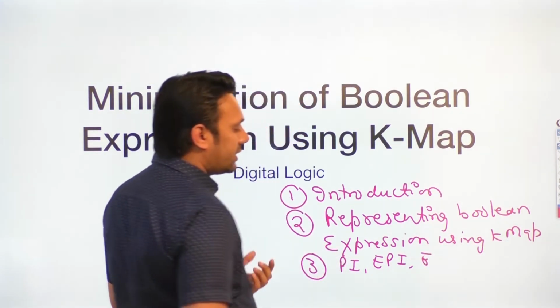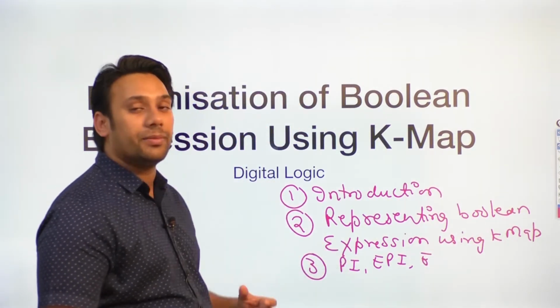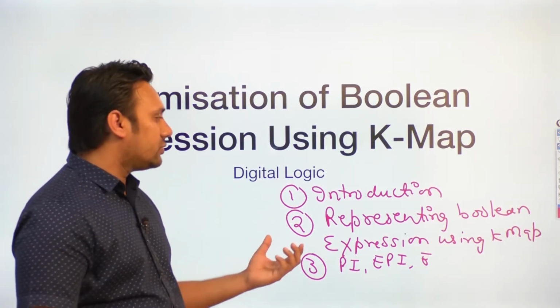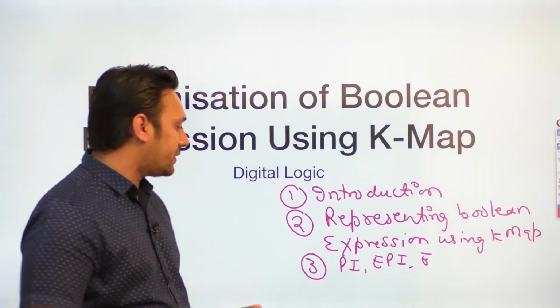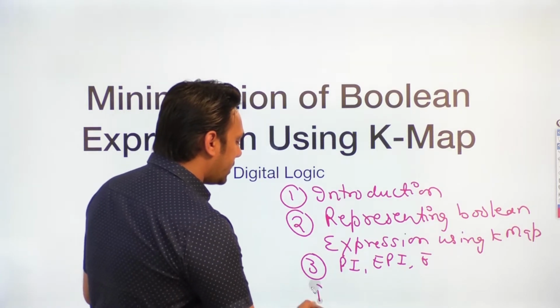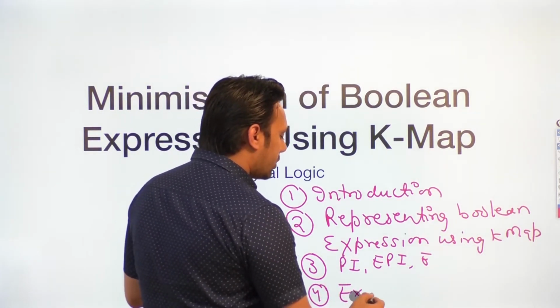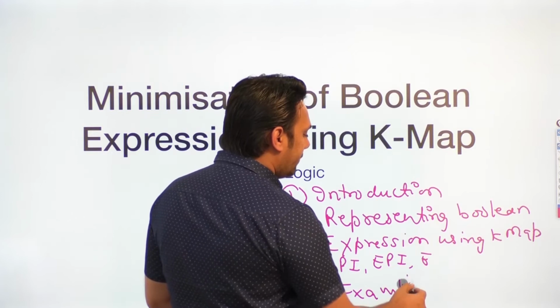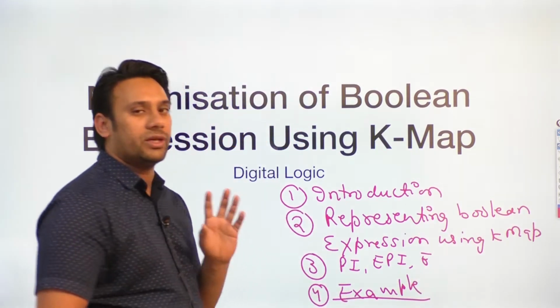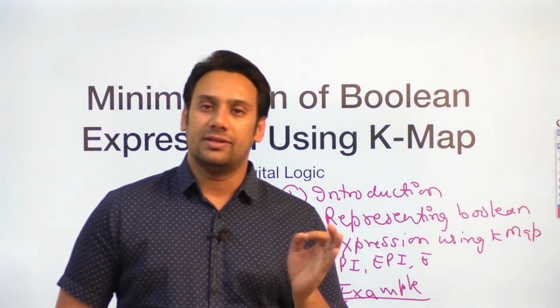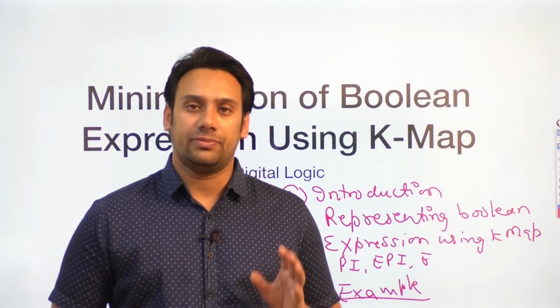Because if we know what are implicants, prime implicants and essential prime implicants, it will become very easy for us to minimize any Boolean expression. And then again, we will take a lot of examples so that everything is crystal clear to you guys. आप सभी के साथ सभी चीज़ें बिल्कुल अच्छे से crystal clear होनी चाहिए.